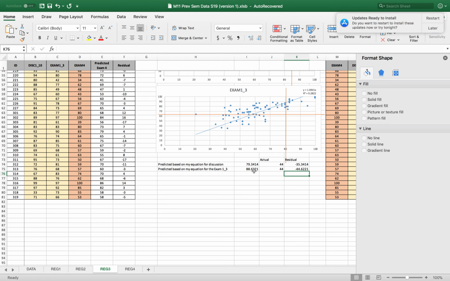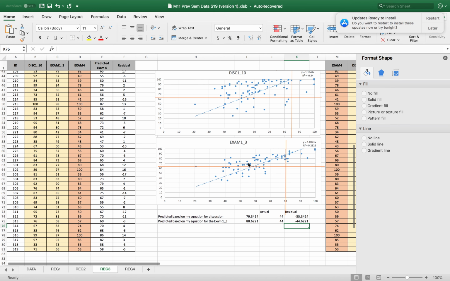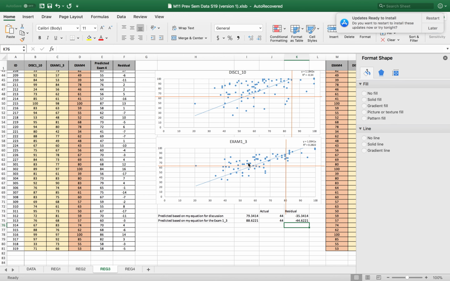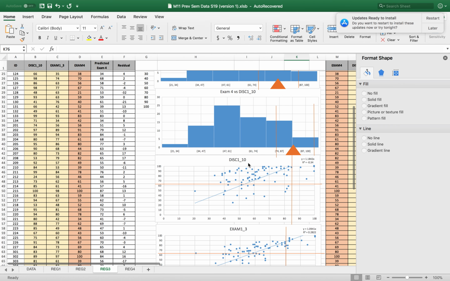And again with this I did the same thing, and the actual score was 44, so I had very high residuals, meaning my equations aren't very predictable. I shouldn't really use them since they didn't get me that close to the actual values.